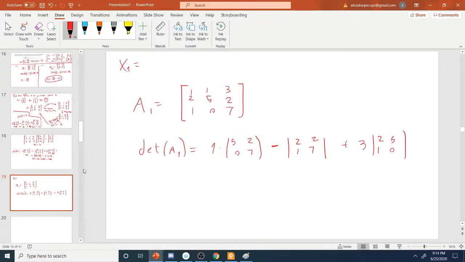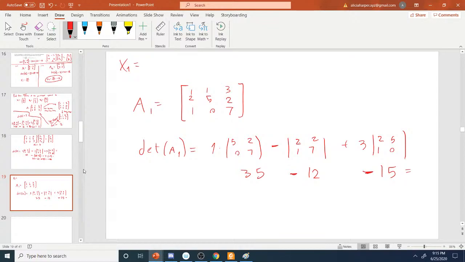So I'll have here minus 15. I'll have here minus 12, I believe, because 2 times 7 is 14, minus 2 times 1. And then here I'll have 35. If I subtract 15 from 35, I get 20.